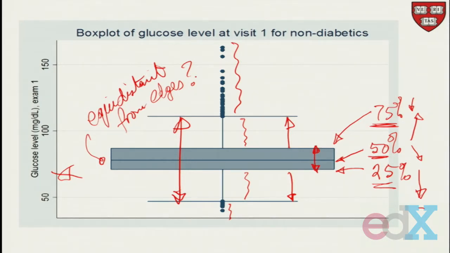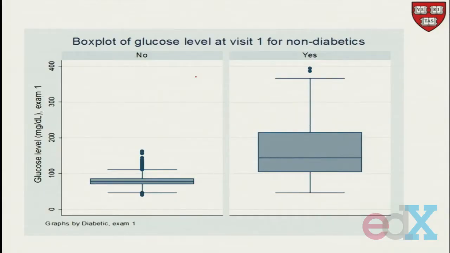So here is a summary, and it's a wonderful little summary because it gives you an idea of what's going on. And we can put these things side by side. So for example, going back to our blood glucose level, here is the box plot for those who do not have diabetes, so non-diabetic. And here we have the diabetic.